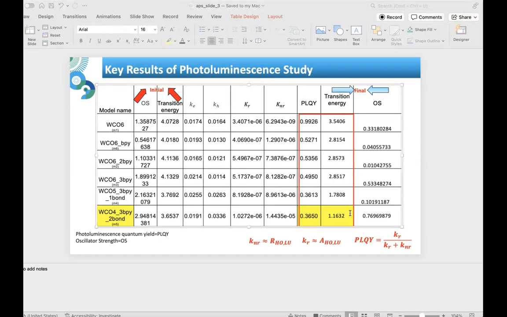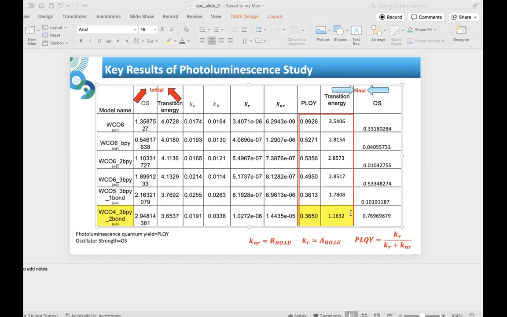So in practice, achieving high PLQY values is challenging due to various non-radiative processes that can happen in the photoluminescence.